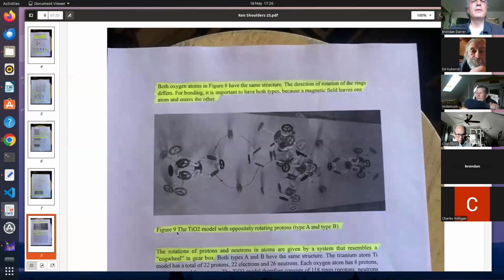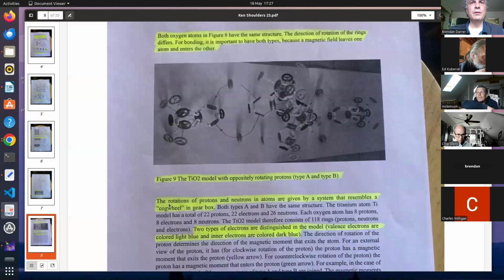Figure 9, titanium dioxide model with oppositely rotating protons, type A and type B. The rotations of protons and neutrons in atoms are given by a system that resembles a cogwheel in gearbox. Both type A and type B have the same structure.